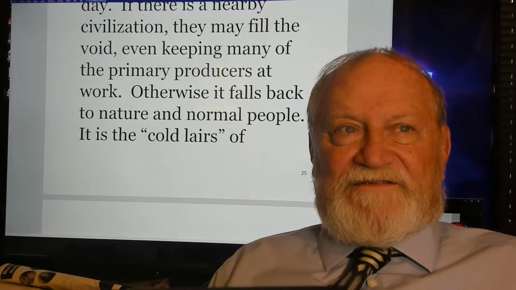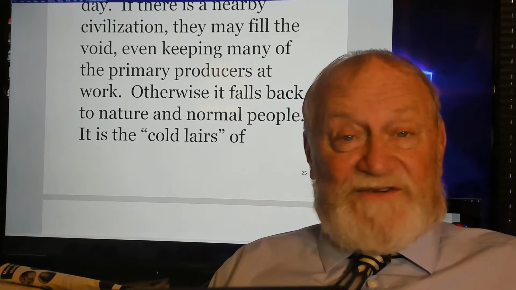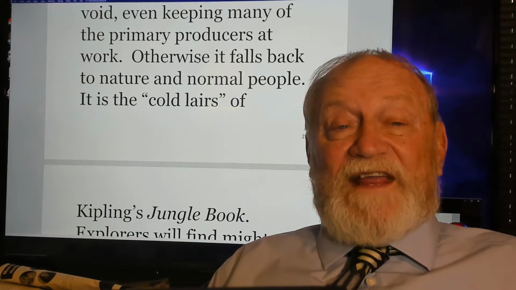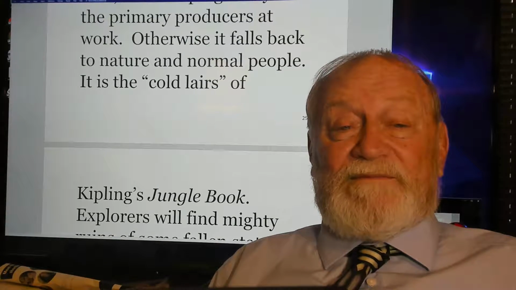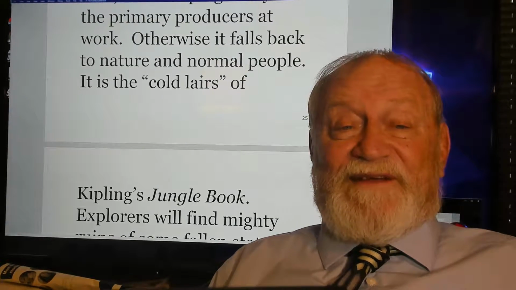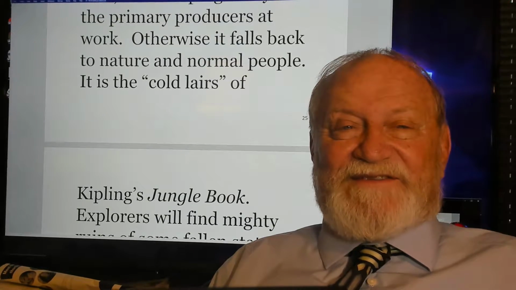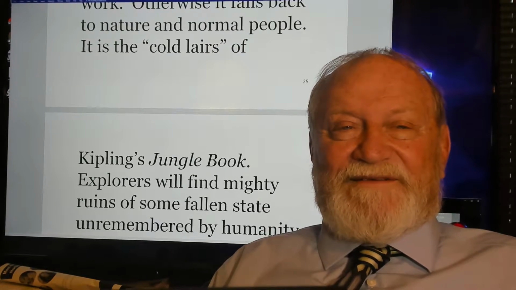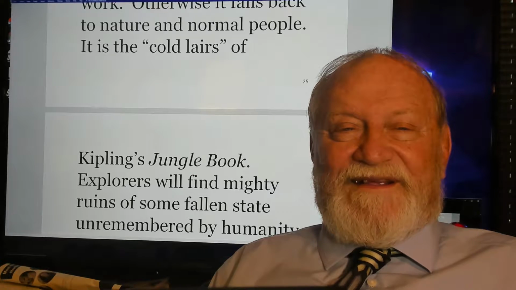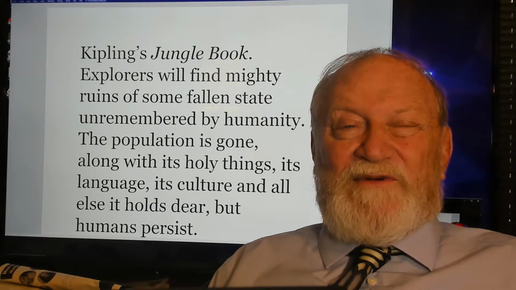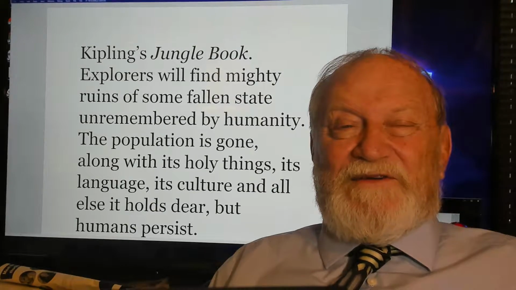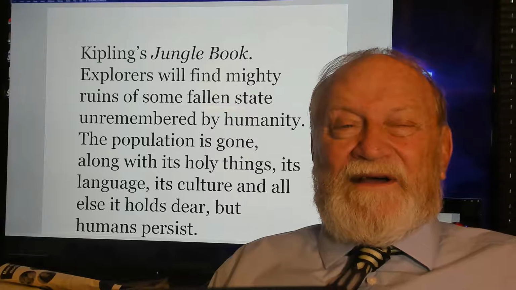What you have left, since in 10 generations you can do a lot of building, it's like the cold lairs of Rudyard Kipling's Jungle Book. If you haven't read that, read it. The cold lairs were a forgotten civilization in the jungle, just the buildings. Explorers will find mighty ruins of some fallen state unremembered by humanity.